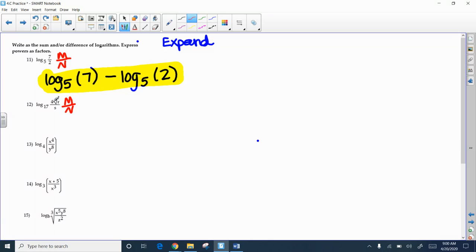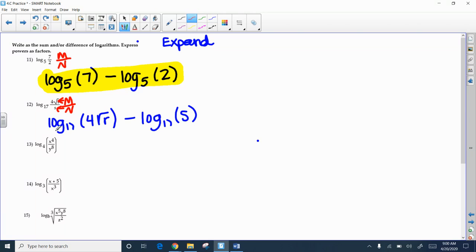So this expression is the m, and this one is the n. So when I rewrite it, it's going to be log base 17 of m. So right now, that's 4 square root of r minus log base 17 of s. So log base b of m minus log base b of n.